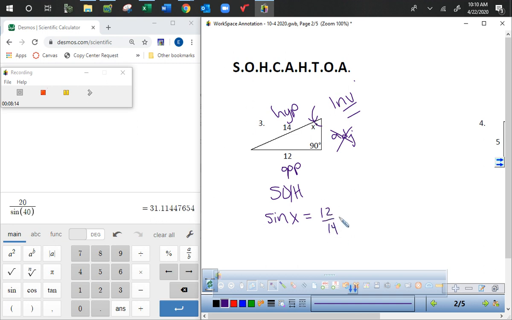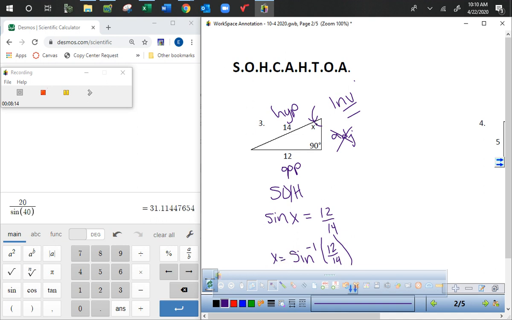What's different about this equation is the x is on the left-hand side instead of in the fraction on the right-hand side. If it's not in the fraction, we're not going to multiply. We just have to use that inverse. So I said I was going to skip the inverse on both sides. You just have to say x is the inverse sine of that fraction. So let's go type it in.